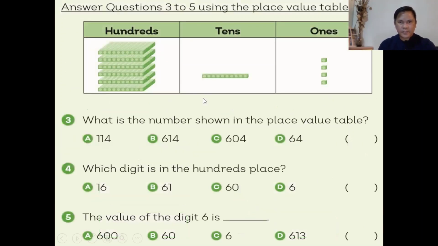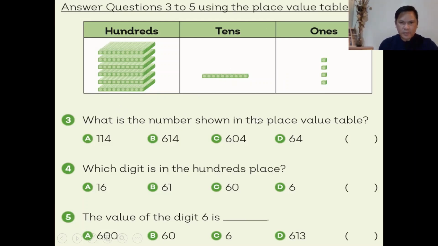Okay, answer the question using the place value table. So hundreds, if you count hundreds, 1, 2, 3, 4, 5, 6, we have 600. Tens, we have 10. Then ones, we have 1, 2, 3, 4. 4 ones. Question number 3.